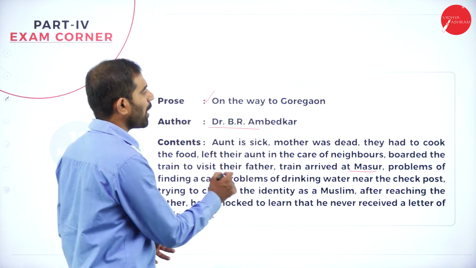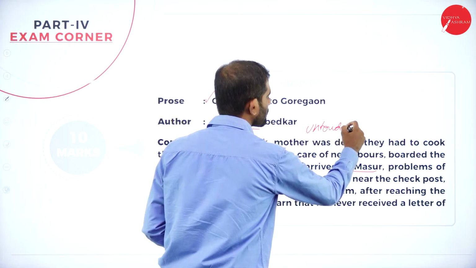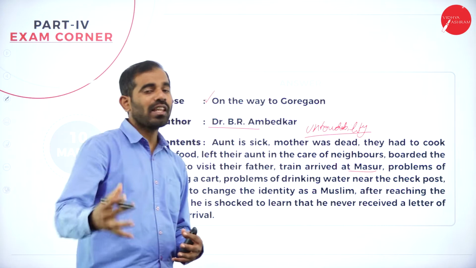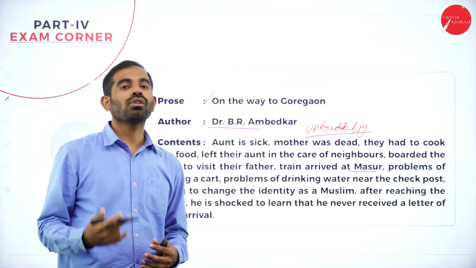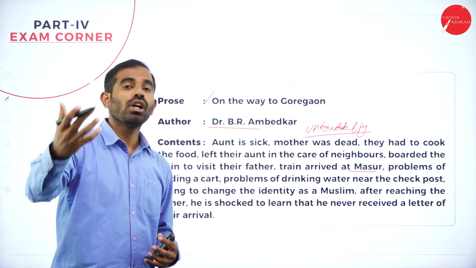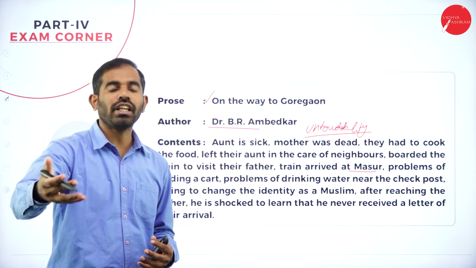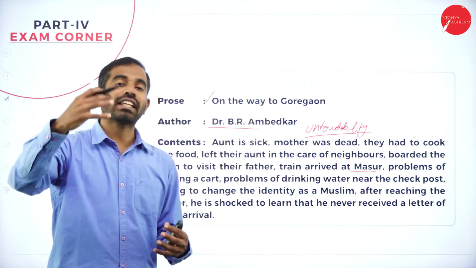It mainly talks about untouchability, the difficulties, very important. And Ambedkar, apart from this, also goes on to narrate his school experience, where he had to go to the tap and wait for the peon to come and open the tap for him so that he can drink water.